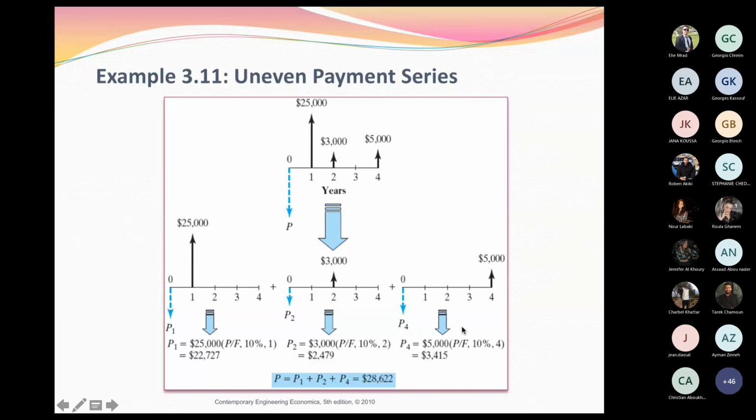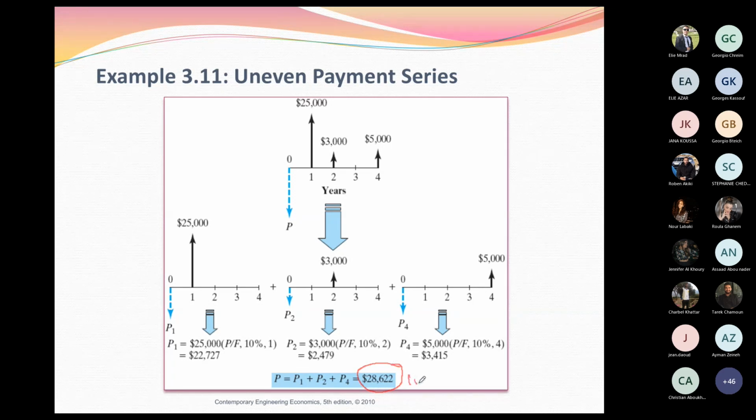We open the table of 10% and we take these factors, we add them to end up with P, 28,622.